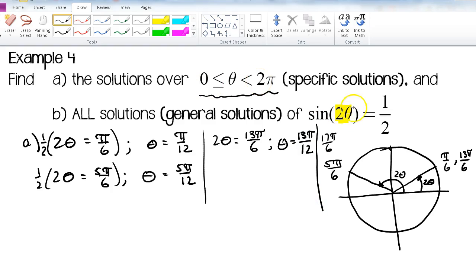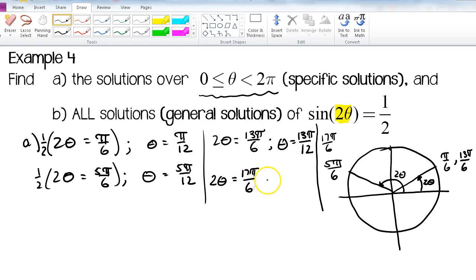So another effect that this 2 theta has is that normally we would travel around the unit circle one time to find all our solutions, but if I have a 2 theta here, really what I need to do is travel around the circle 2 times to find all the solutions of theta that would be between 0 and 2 pi. And then we'll do the same thing for 17 pi over 6.